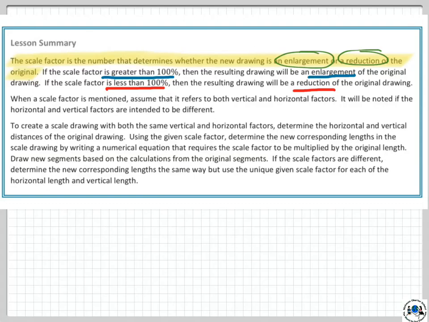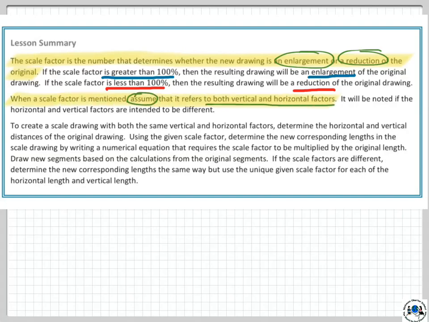If the scale factor is less than 100%, then the resulting drawing will be a reduction of the original drawing. It pretty much makes sense. These are words that we've used over and over again in our lives, so we probably won't trip up on that concept too much.